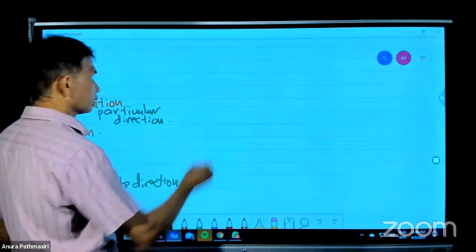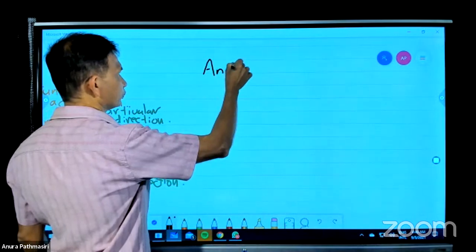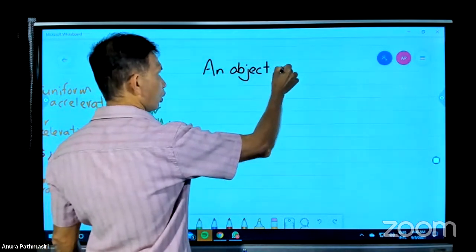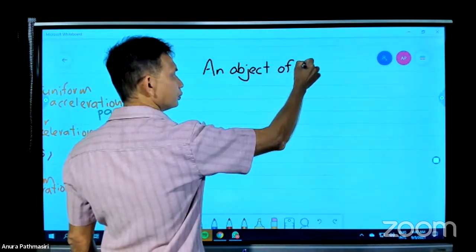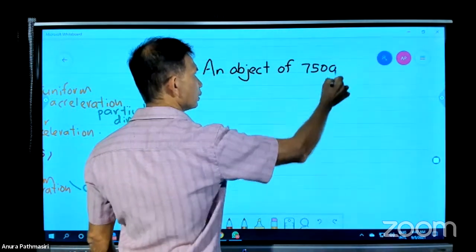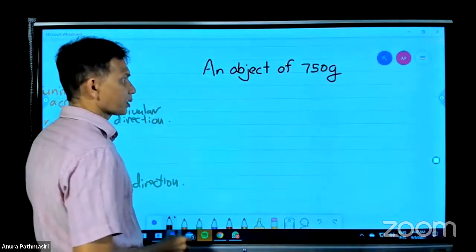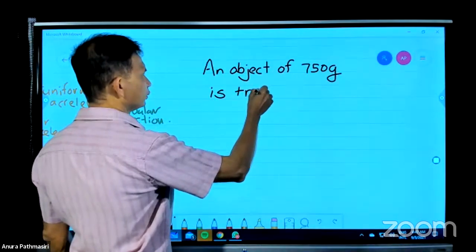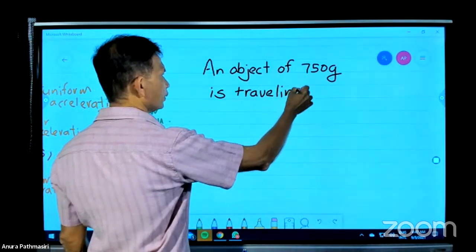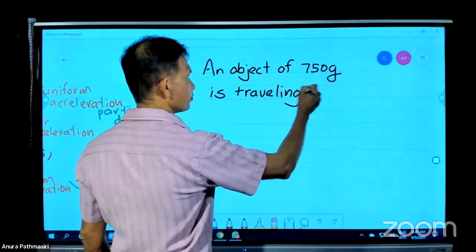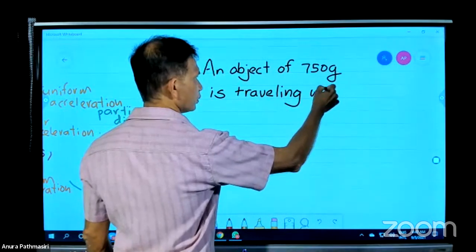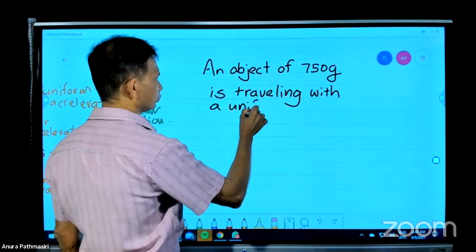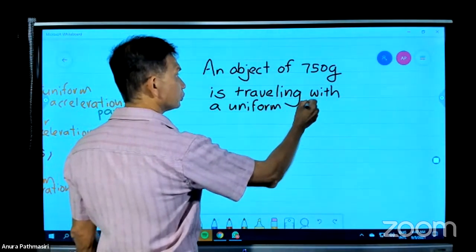An object of 750 grams is traveling with a uniform velocity.